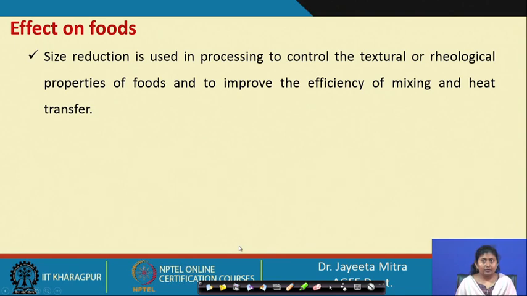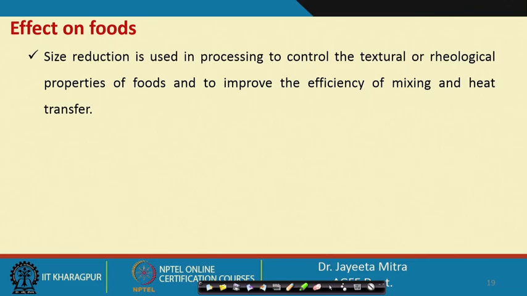Now, all this emulsification and homogenization that we do have certain effects on the quality of the food that we produce. Size reduction is used in processing to control the textural or rheological properties of the food, and to improve the efficiency of mixing and heat transfer. This is true for solid particle size reduction and also for the size reduction of liquid material.